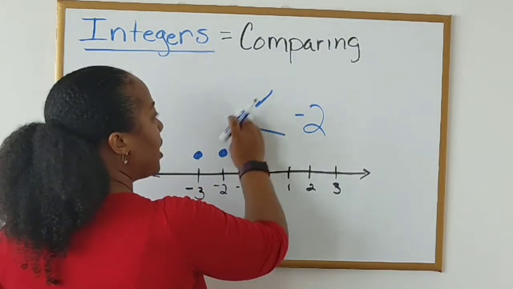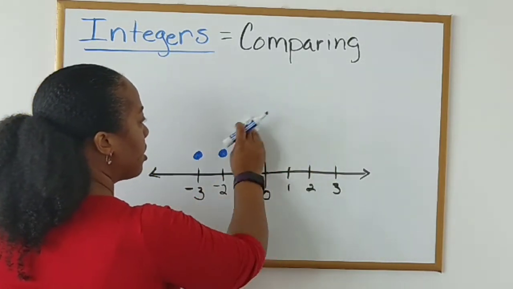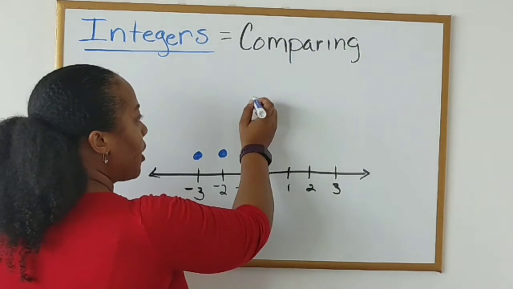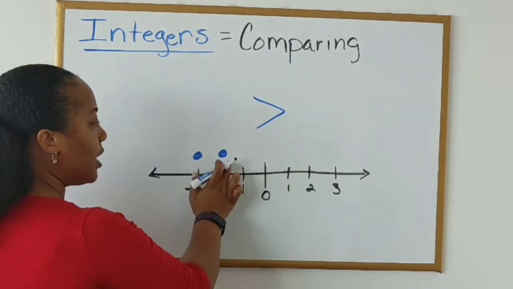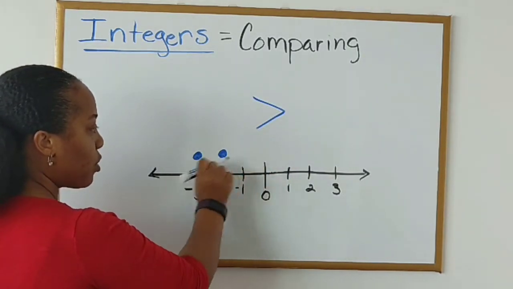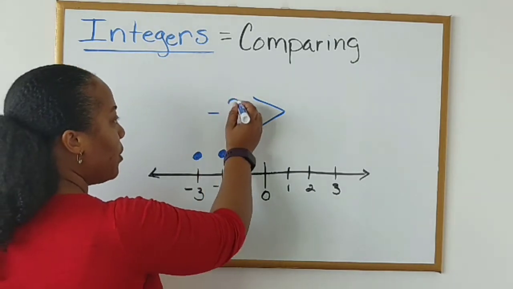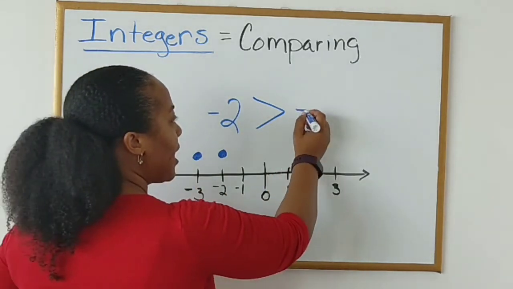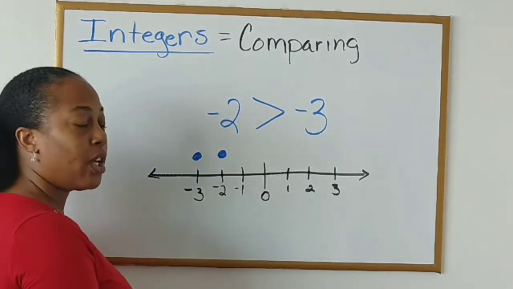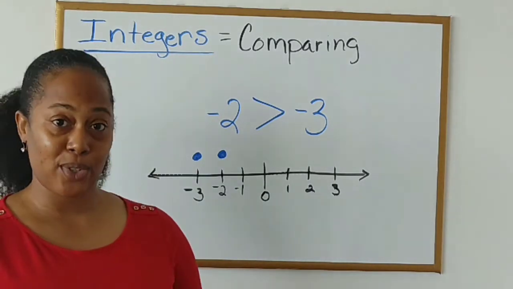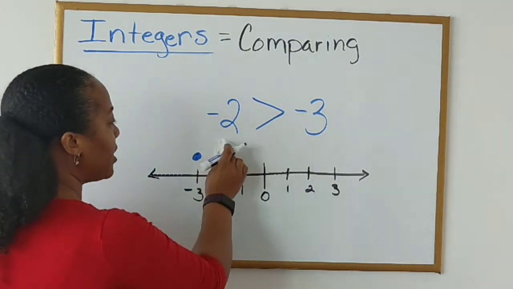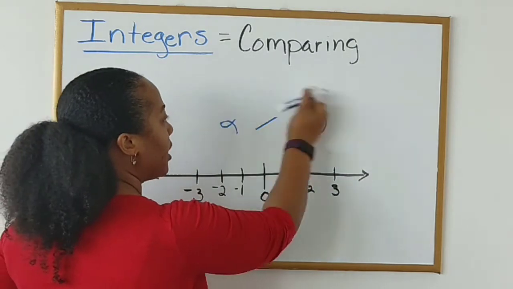So if we were going the other direction, which one was greater than? A -2 is further to the right, so a -2 is greater than a -3. We can do this with other numbers also.